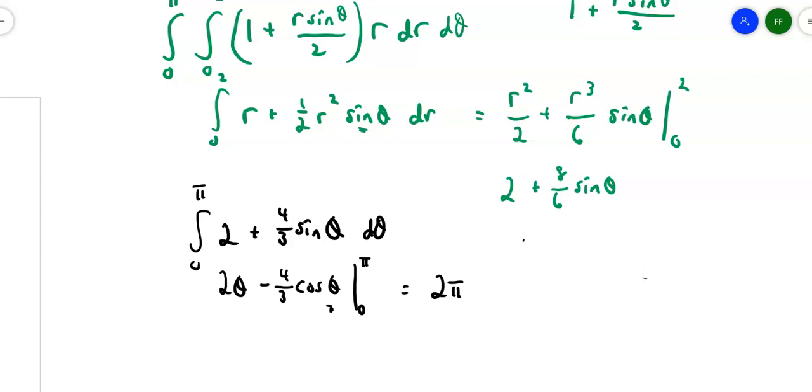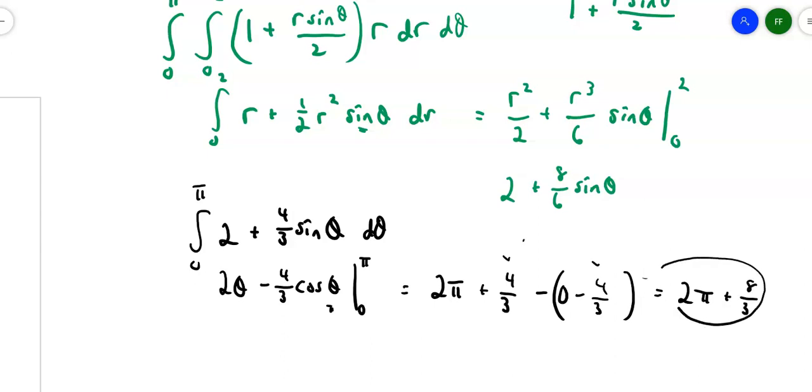Minus a negative 1 gives me a plus, so I get plus 4/3. Now, when you do the 0 part of it, you're going to get a 0 for the theta part, but you're going to get a minus cosine of 0. Cosine of 0 is 1, so you'll get a minus 4/3, which gives me 2 pi. I got a 4/3 here, I got a 4/3 here, so plus 8/3. What is this? This is my mass.